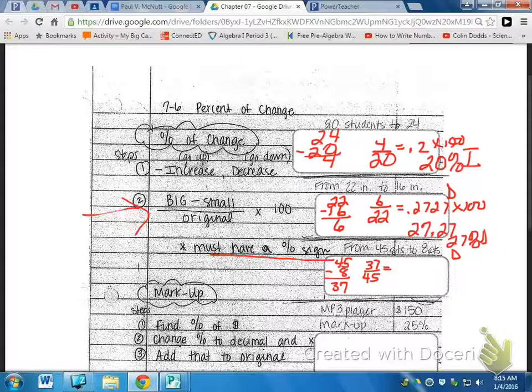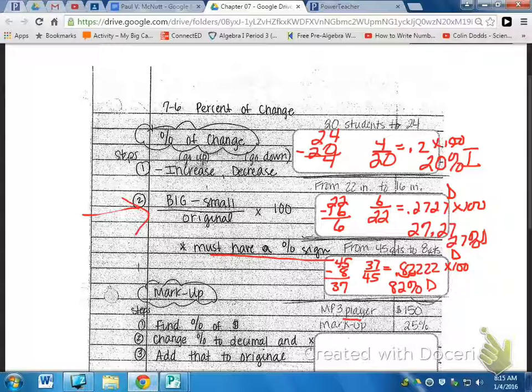Okay, this is where I'm using my calculator. 37 divided by 45. And it comes up with 0.8 and then all these 2's. If I take that times 100, it moves that decimal over 2 places. So 82.22222, what percentage do I want to say? 82% decrease.